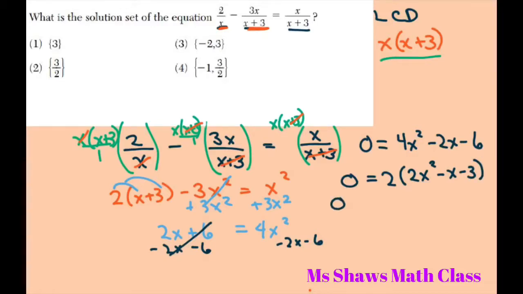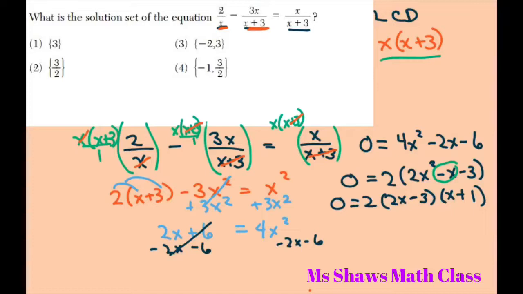And then I'm going to factor that more. I have a 2x and an x, and I need a 3 and a 1. So I put the 3 there and the 1 there. We need a negative 1 here, so I'm going to make my 3 here negative and this positive.